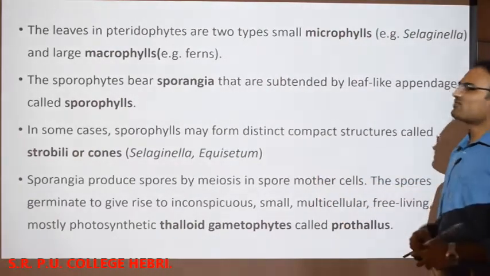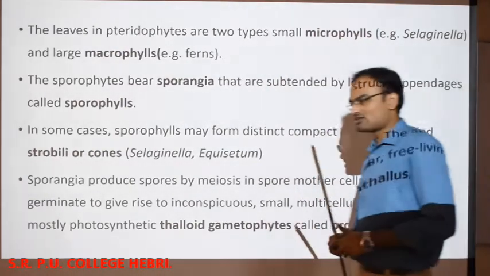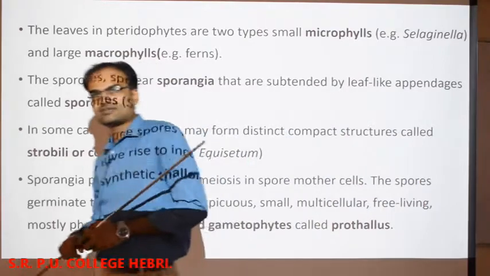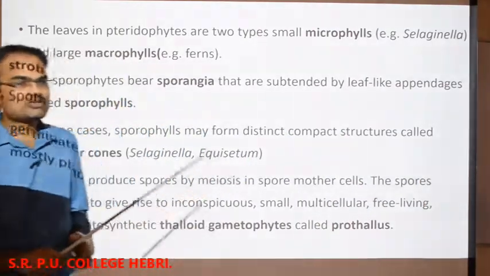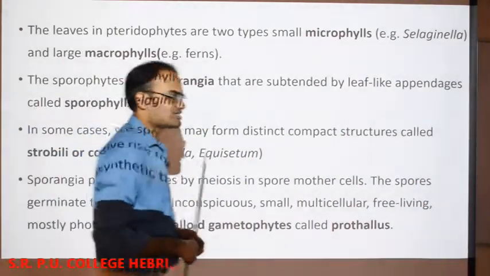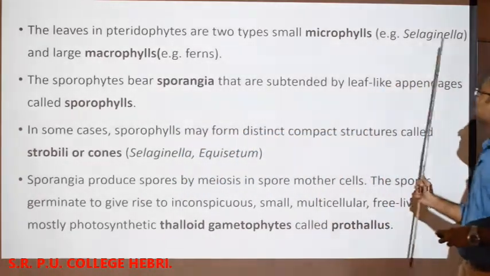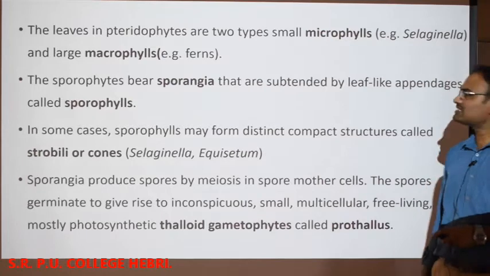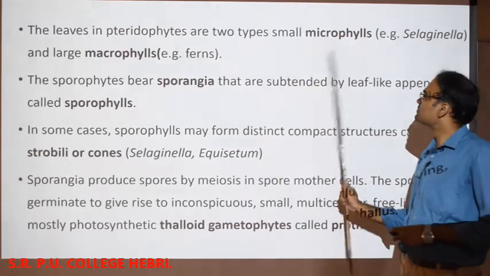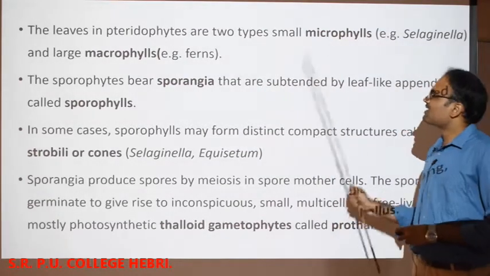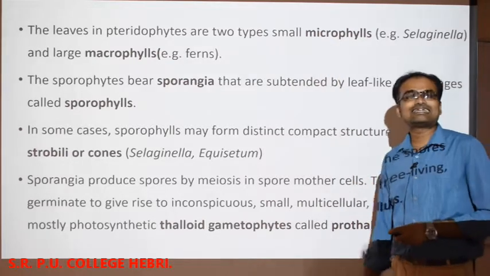The leaves in pteridophytes are of two types. As we already know that pteridophytes possess true root and leaf, the leaves are commonly of two types. The first type of leaves are called microphylls, for example in Selaginella. Selaginella is a type of pteridophyte which possesses microphylls. Microphyll means small, needle-like leaves.